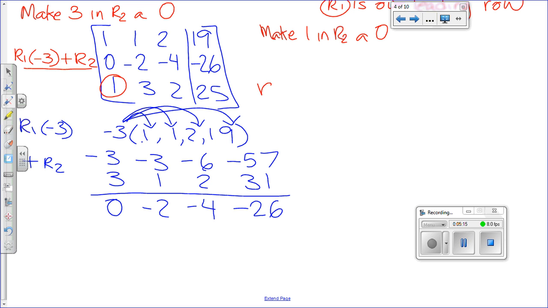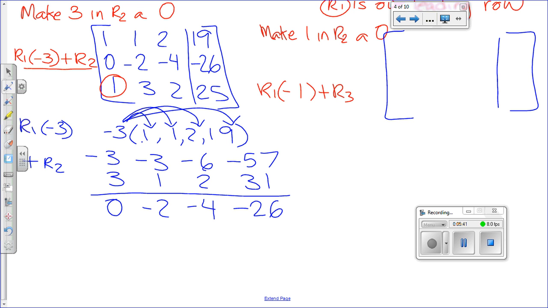So that will be R1 times, what is the additive inverse of positive 1, Lorenzo? What number do you need to add to 1 to give you a 0? Negative 1. That is the additive inverse. And so we add that to R3 to make a new R3. We're going to copy R1 and R2 the same because nothing's going to change.